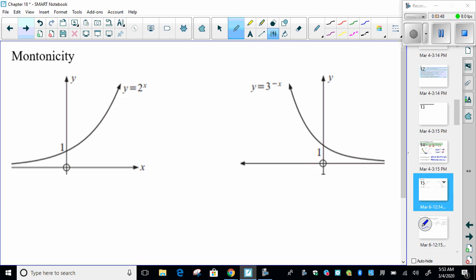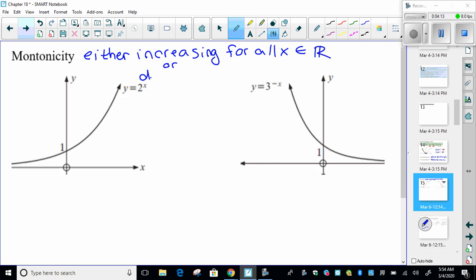There are some specific functions that are continually increasing or continually decreasing. These are two of those cases. Monotonicity is when the function is either increasing for all x in the set of real numbers or decreasing for all x in the set of real numbers. So the entire function is either increasing or decreasing.